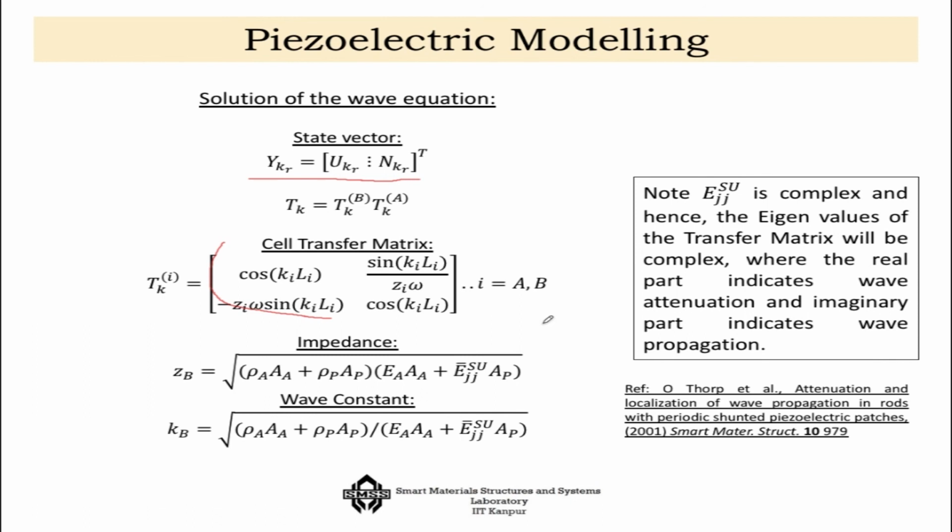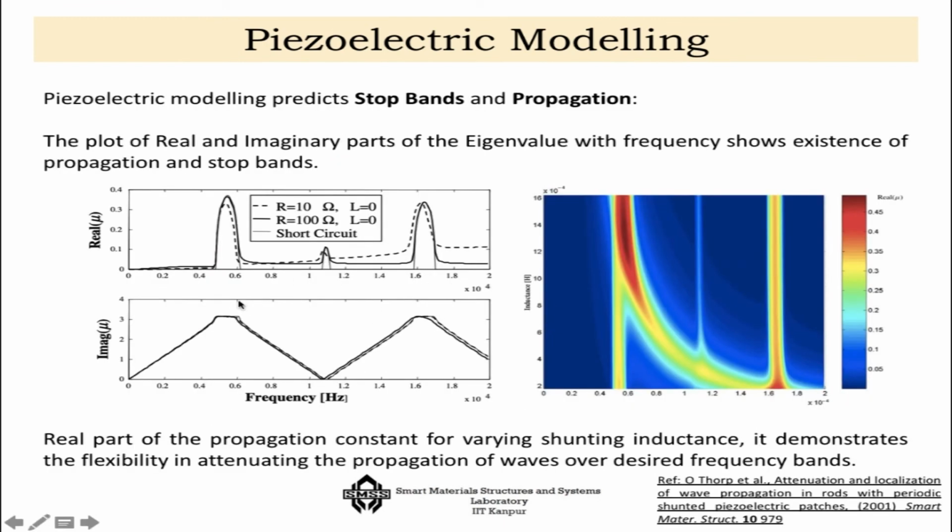The interesting thing that you will note from this is that in such a system there will invariably be certain bands where the wave constants will be real in nature, whereas in certain bands it will be imaginary in nature. So these are the plots of the real and the imaginary parts. Now the real part of the propagation constant is telling that there is a pass band.